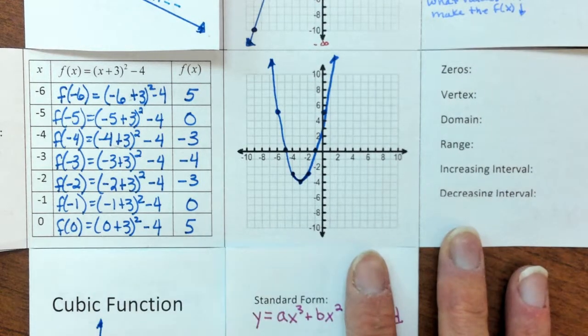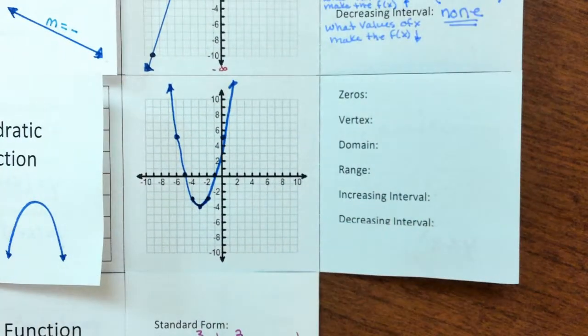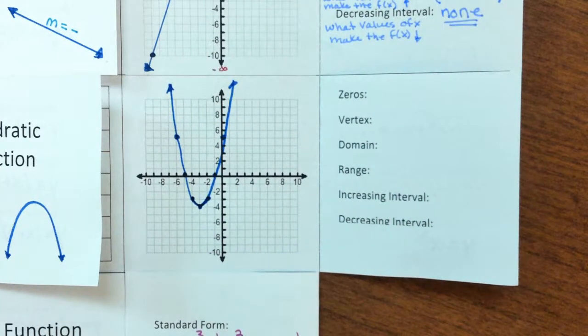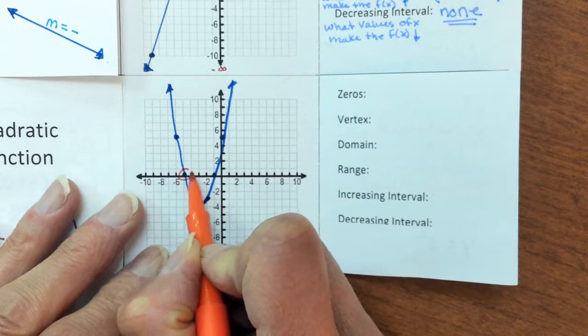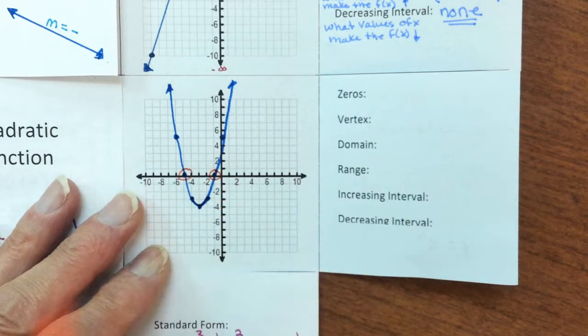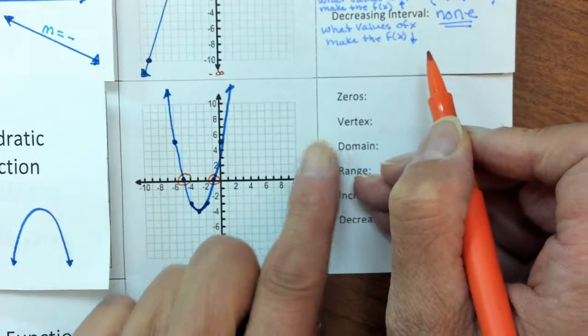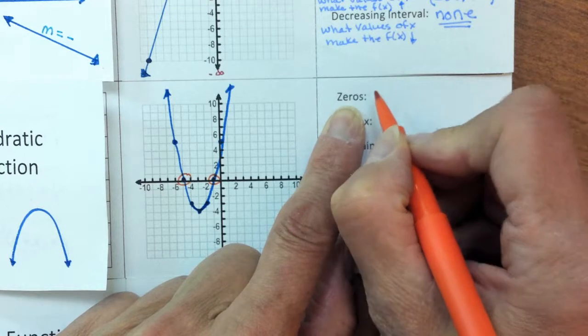So let's look at our zeros. So remember, our zeros are our x-intercepts. So right here, there's a 0 and there's a 0. On here we have 2 of them. So we're going to write them as points.